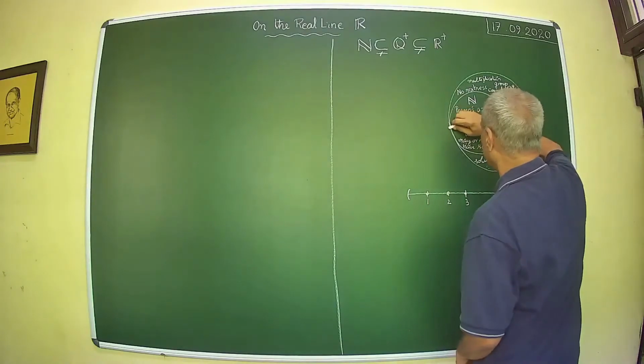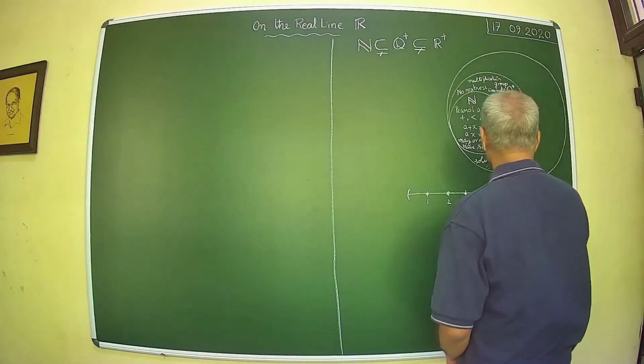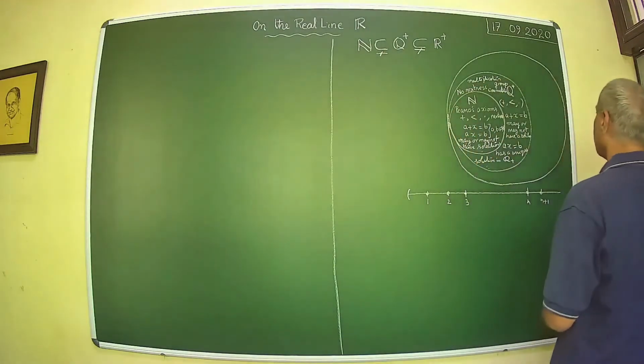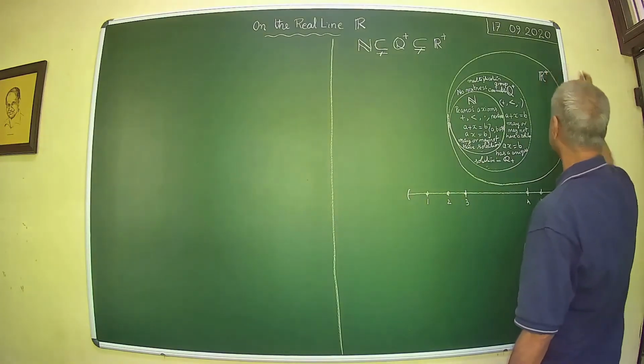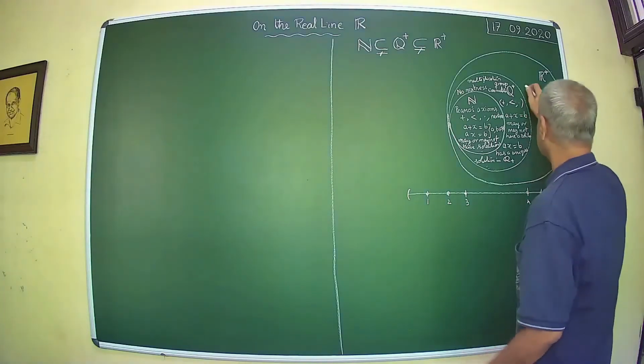Therefore, we went on to capture these missing elements also, and we got what is called R plus, the set of non-negative real numbers. What did we do? We did two editing first.